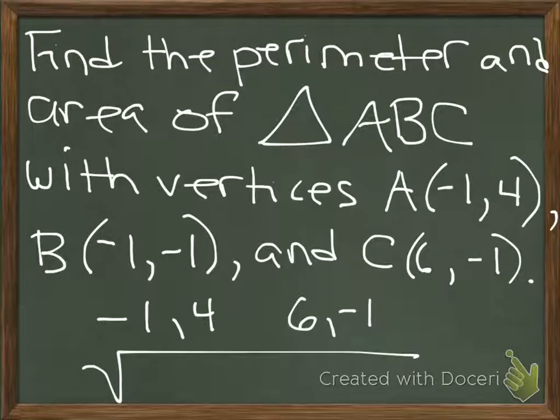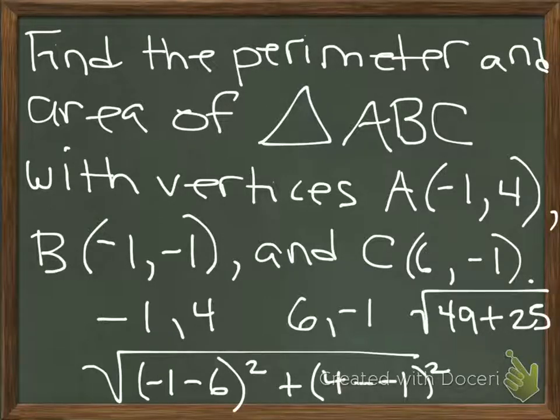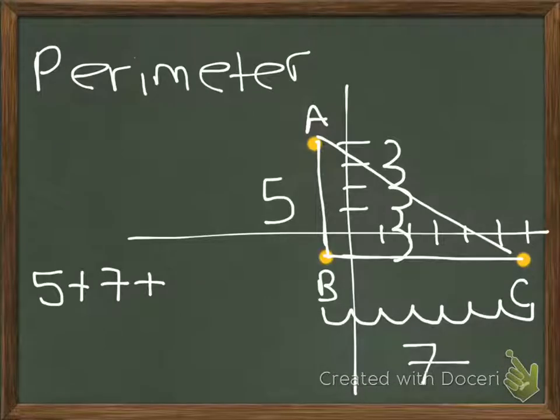So if we plug that in, subtract the y's, subtract the x's, square them, add that to subtract the y's, and square them, and we get -7 squared, which is 49, plus 5 squared, which is 25, and we're going to do the square root of that, which gives us 74. So the square root of 74. We can just leave that in terms of square roots, but that's what this side length is going to be.